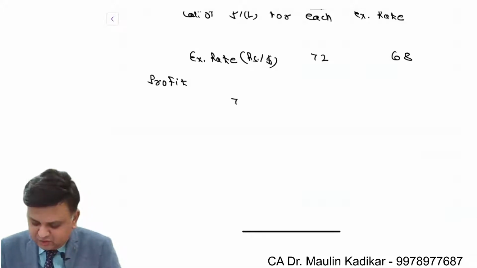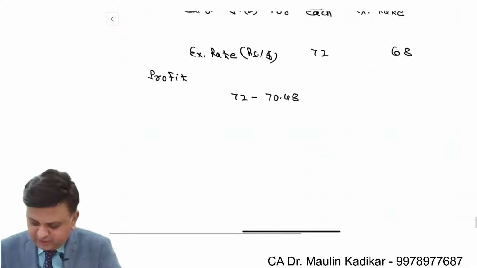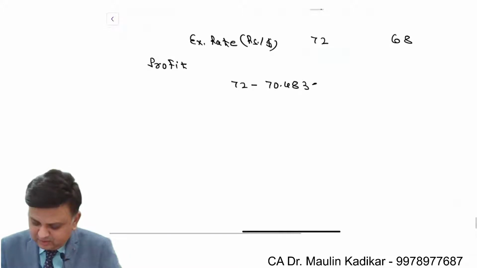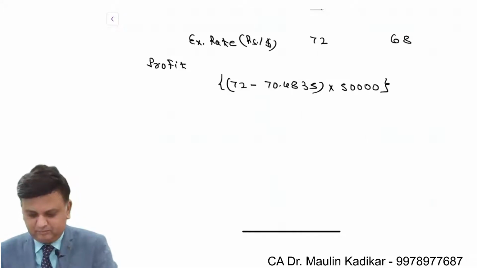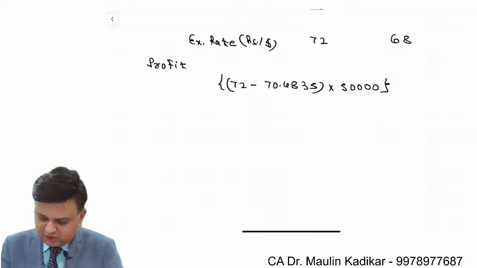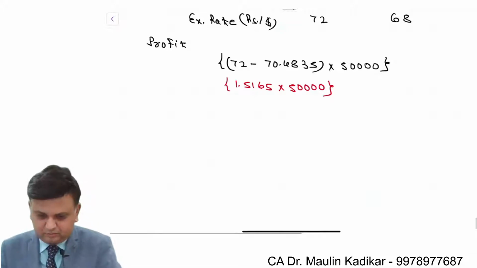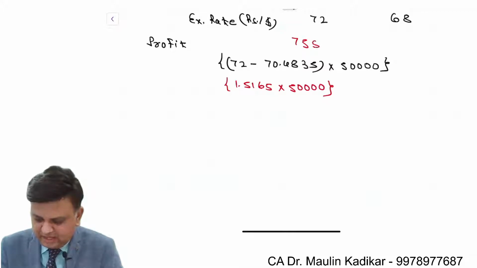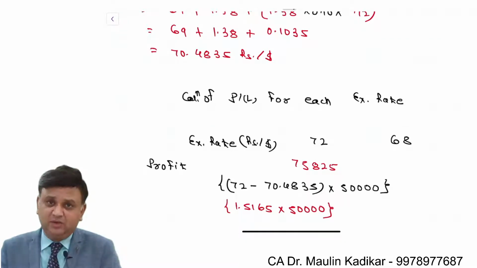Because you are able to purchase at a lower rate. 72 minus 70.4835 into 50,000. So it is 1.5165 into 50,000. So that comes to 75,825. Why there is a profit? Because you are able to purchase it at a comparatively lower rate.